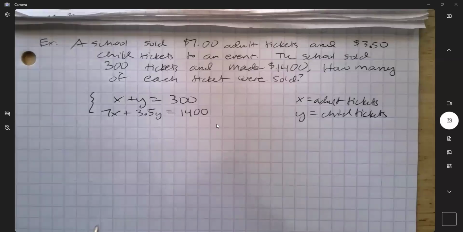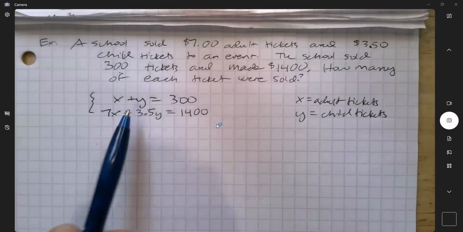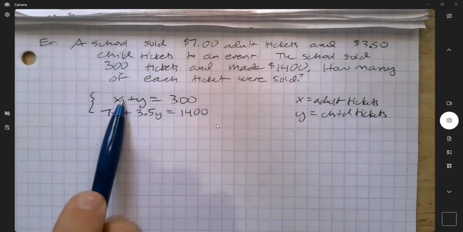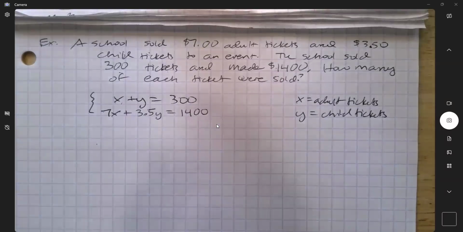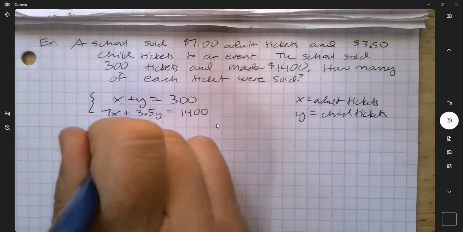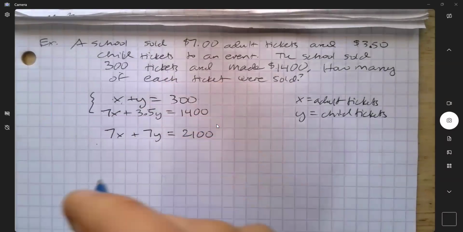This isn't too bad in terms of eliminating, because I can get one of these variables to have the same coefficient pretty easily. I'm going to multiply the top line by 7, which gives me 7x plus 7y equals 2,100.